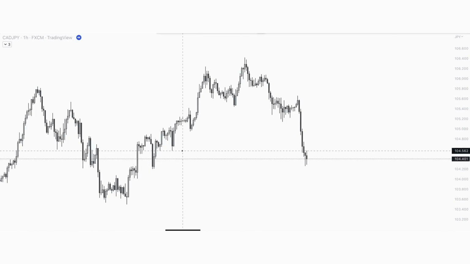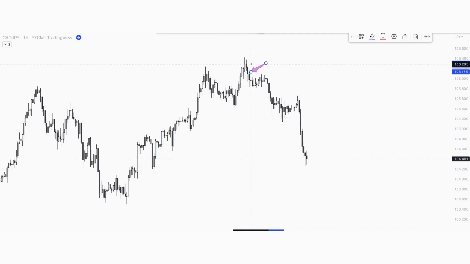Later we could talk about the demand, but now we can see a market structure shift here.